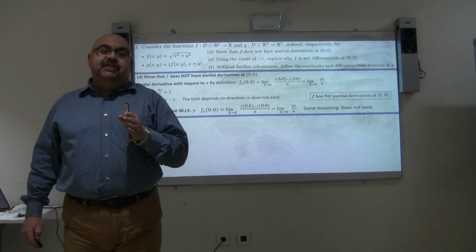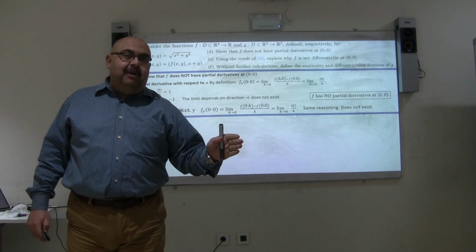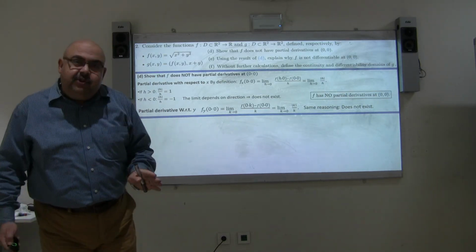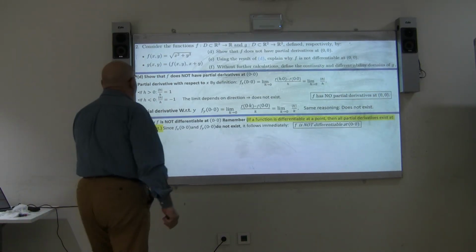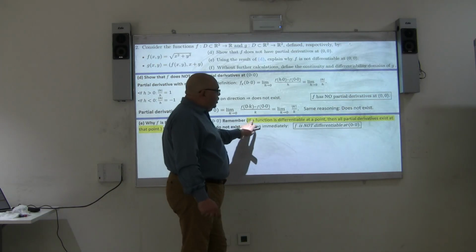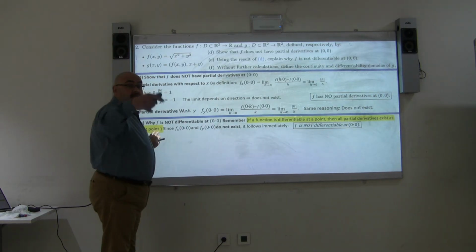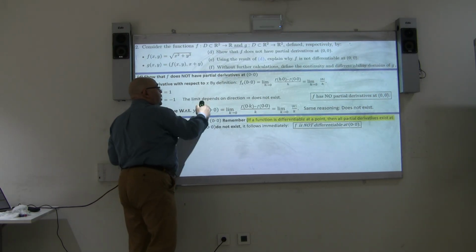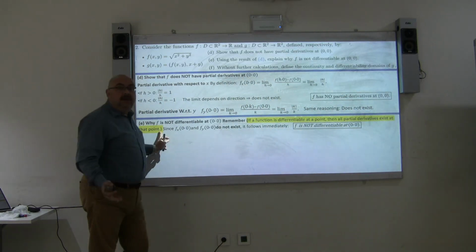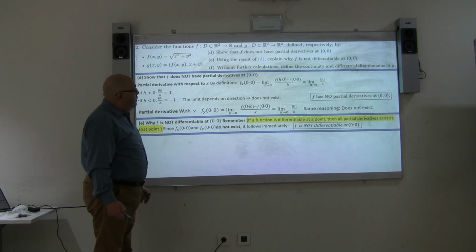If a function is differentiable, it will have its partial derivatives, but if you don't have partial derivatives, it means your function is not even differentiable. So why is f not differentiable at the origin? Simple. If a function is differentiable at a point, then all partial derivatives exist. In my case, both partial derivatives don't exist. So it's not differentiable. This is for question number 2.